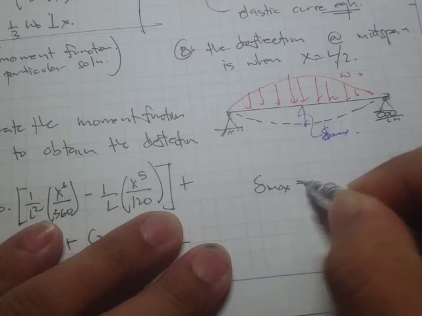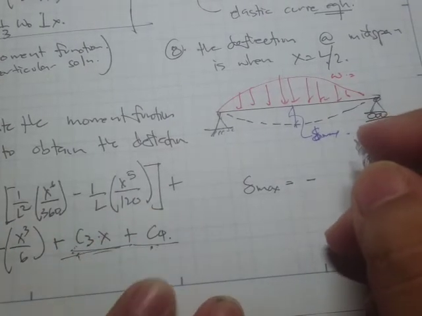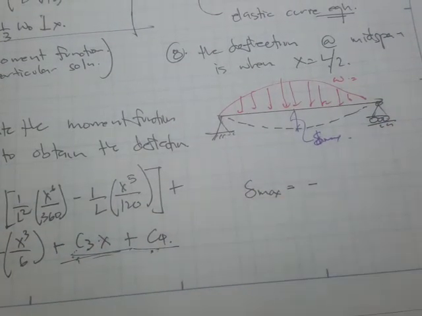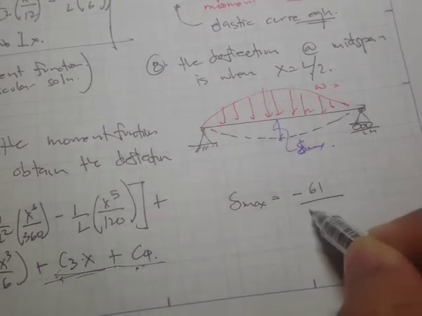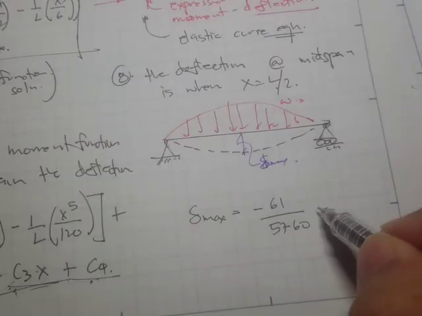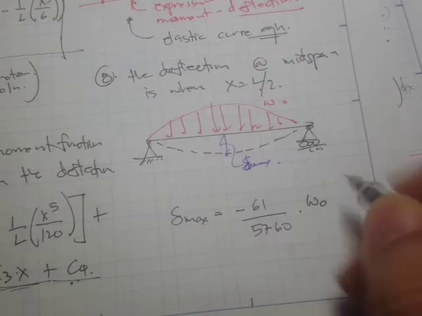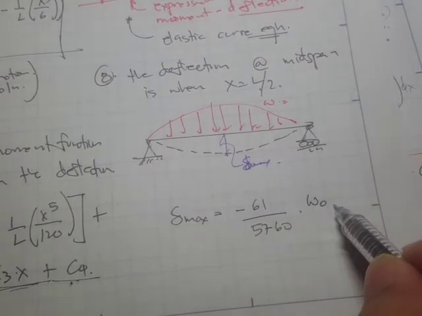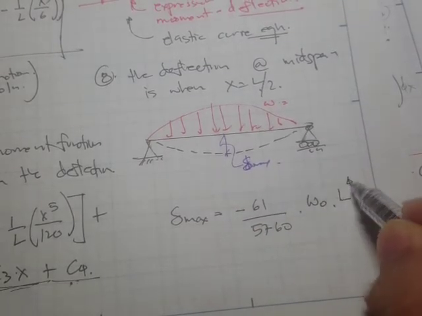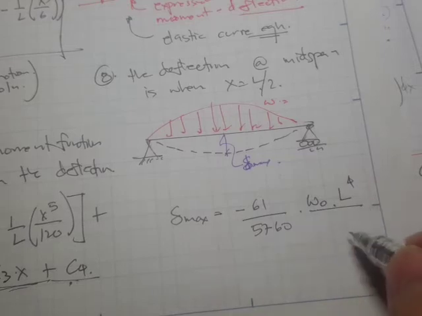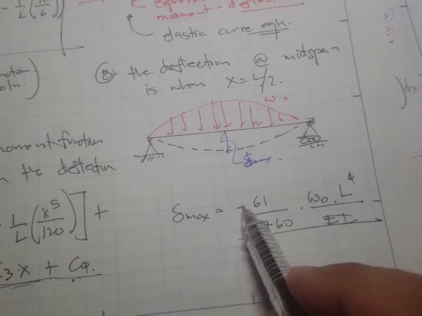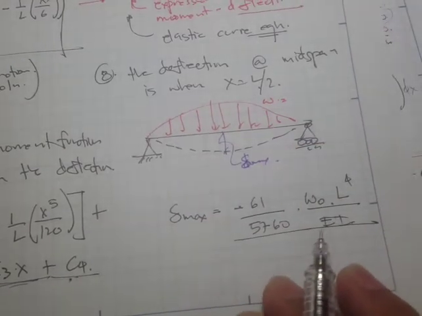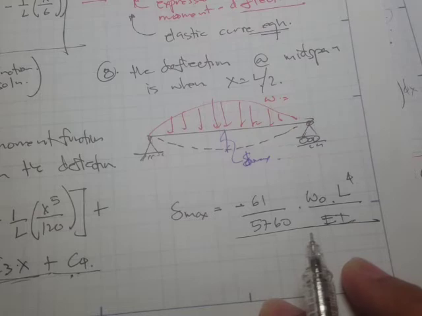Delta max is just equal to negative 61 all over 5,760, right, times the distributed loading times L to the 4th all over EI. Okay, and what this means is that if we have this negative sign, it simply means that we are going downward.